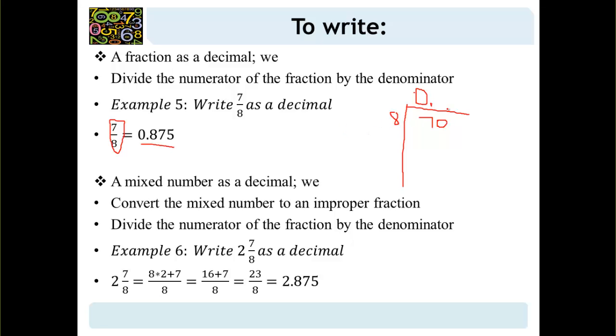So 8 into 70 gives us 8. 8 times 8 is what? 64. And then you subtract. 70 minus 64 gives us what? 6. Then you put another 0. 8 into 60 gives us 7. 7 times 8 is what? 56.